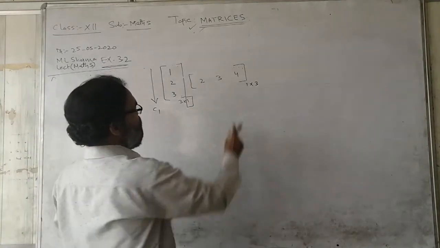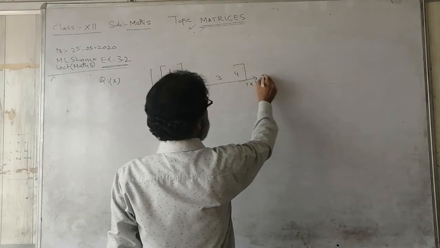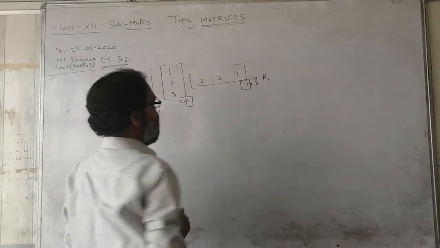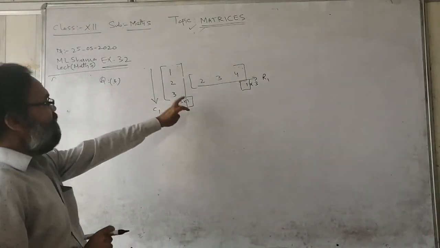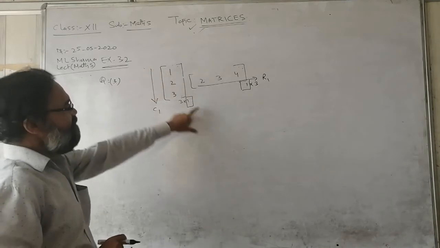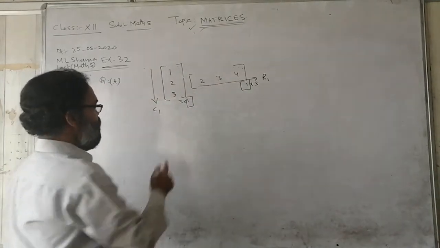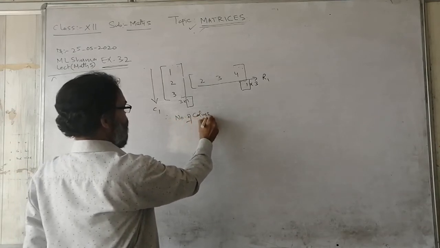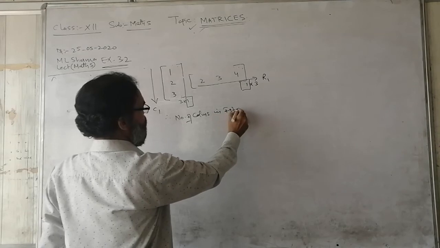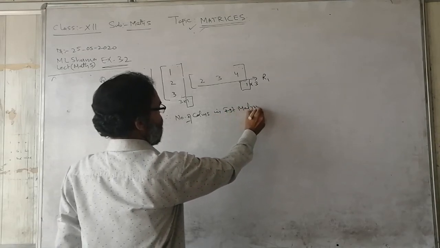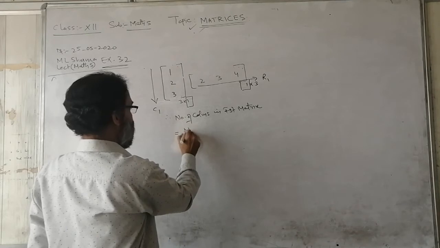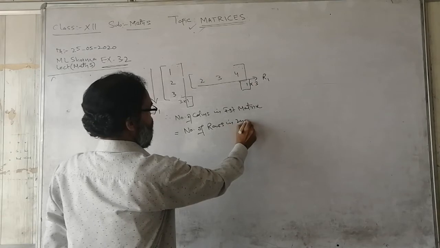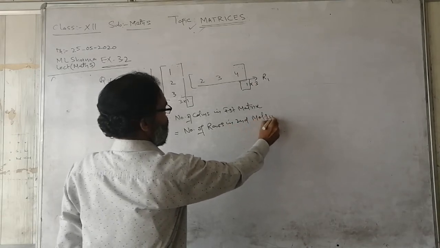And in this case there is only one row. So this condition says the number of columns in the first matrix must equal the number of rows in the second matrix.